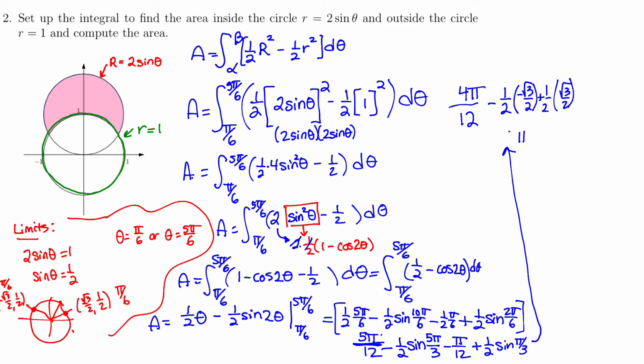I'm getting pi over 3 plus 2 square root 3 over 4, which is just square root 3 over 2. I could very well be wrong. Yeah, no, that's right. That looks right.